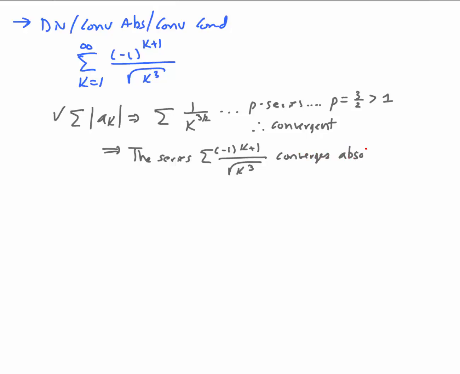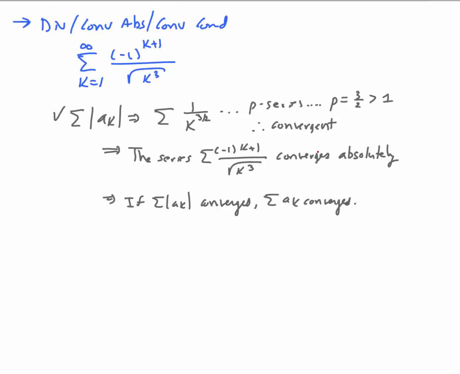And I'm done. I don't need to check anything else. And this is because if the absolute value converges, the series itself converges. Okay, so this converges absolutely and I'm done.